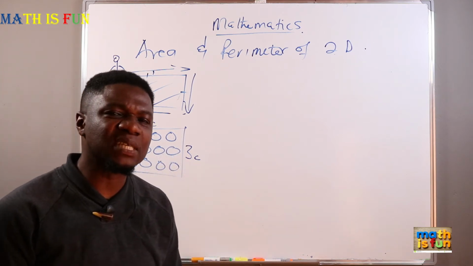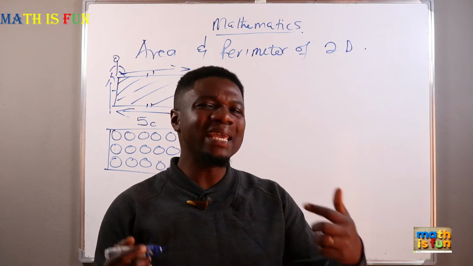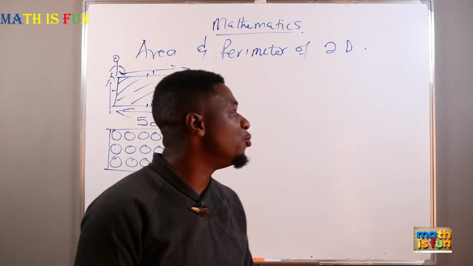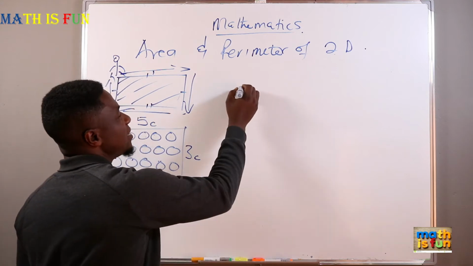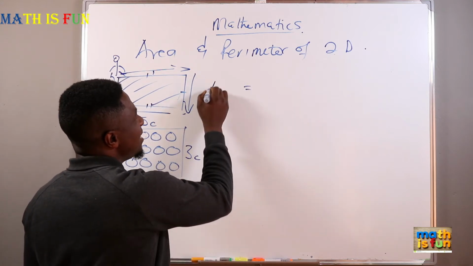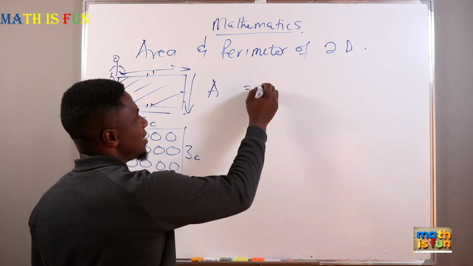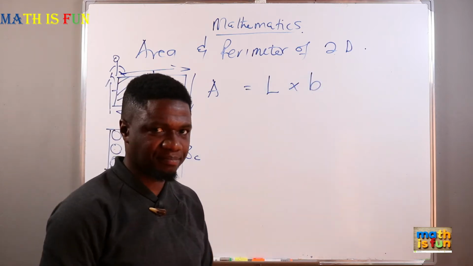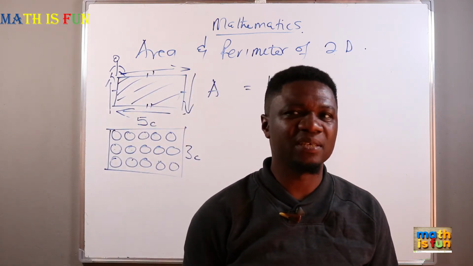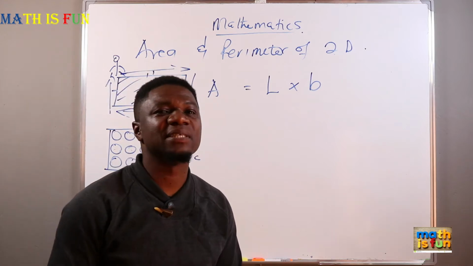We also get 15. So in finding the area of a rectangle, we go by the formula which says that the area of a rectangle is the length times the breadth. L times B. Length times the breadth.